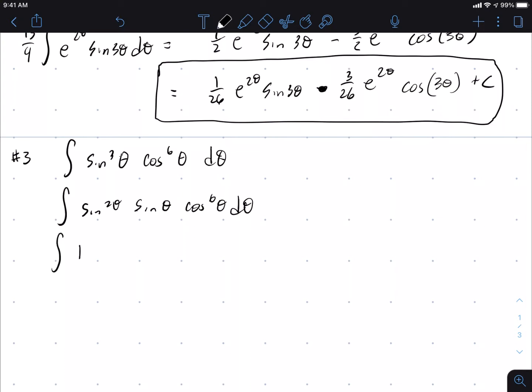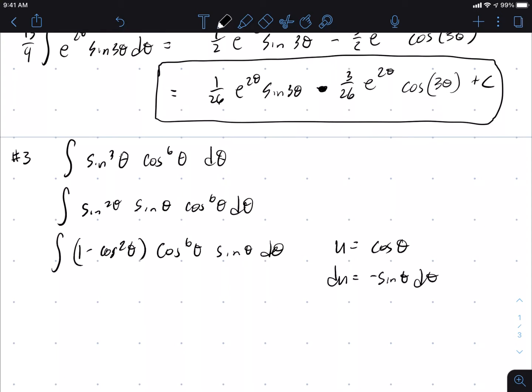Just do this. Go 1 minus cosine squared theta, cosine 6 theta, sine theta d theta, and go u is cosine theta. Because when we take the derivative here, don't we get negative sine theta d theta, which takes care of the sine theta?